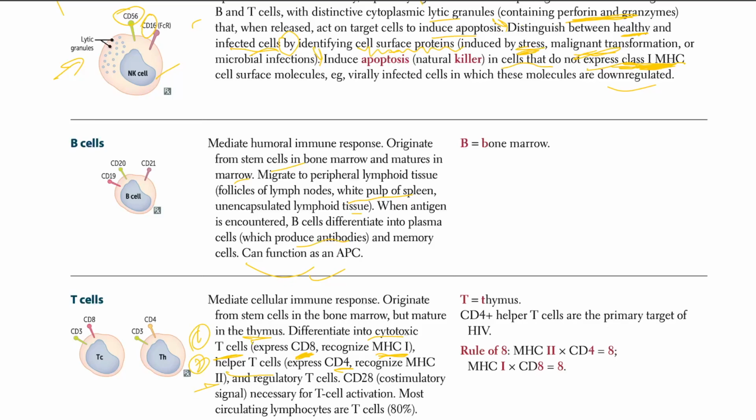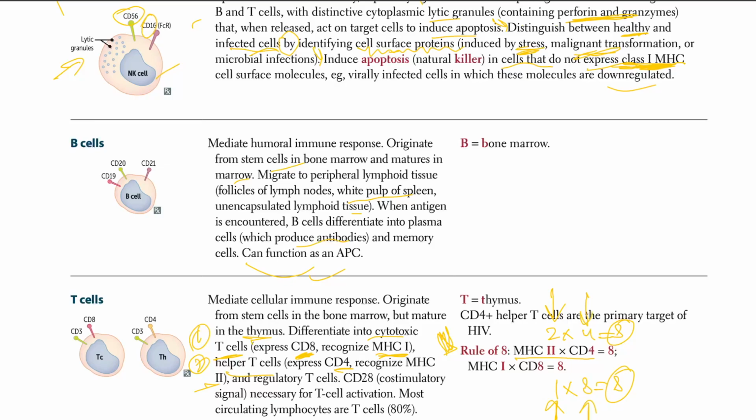The rule of 8 is a good mnemonic to remember that. MHC2 times CD4, so 2 times 4 equals 8, right? And 1 times 8 equals 8. So what do we mean by that? CD4 will have an MHC2 to make an 8. CD8 will have an MHC1 for us to make an 8. That's just a mnemonic, okay?